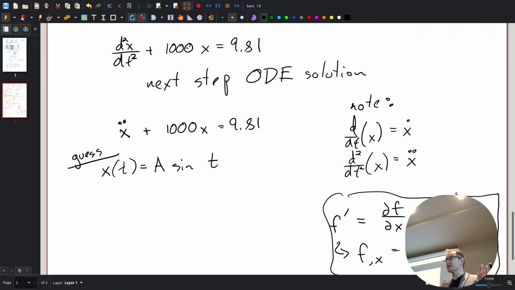What about the frequency of this sine wave? Is it going to be real fast? Is it real slow? Are all springs and all masses the same frequency? Do they always bounce the same way? Oh, heavier takes longer.